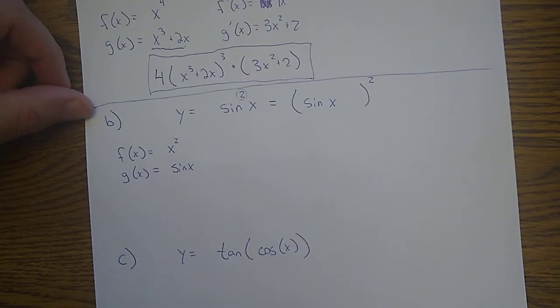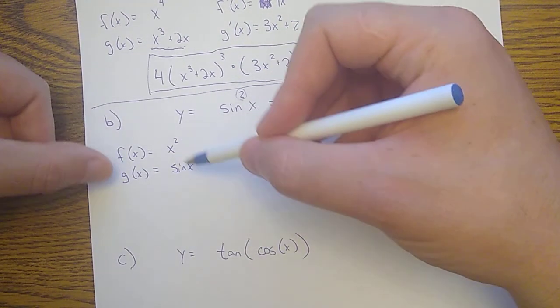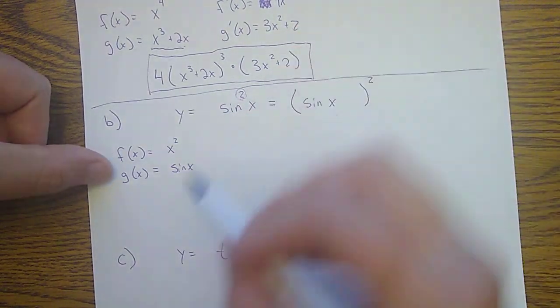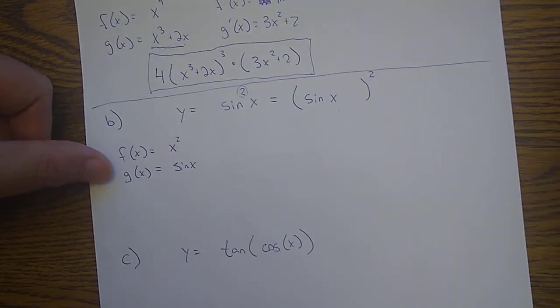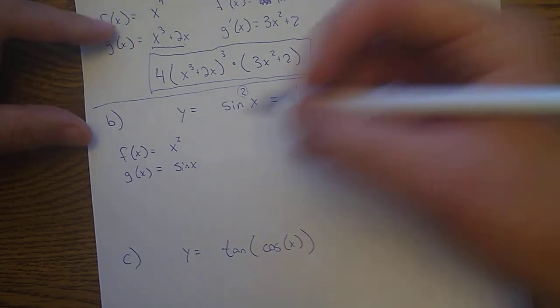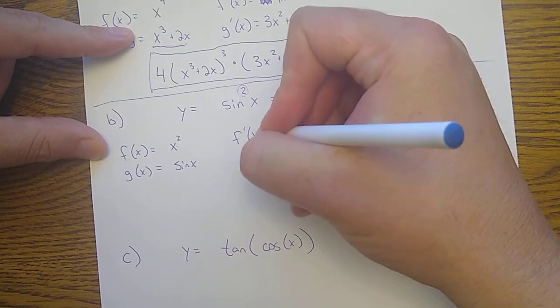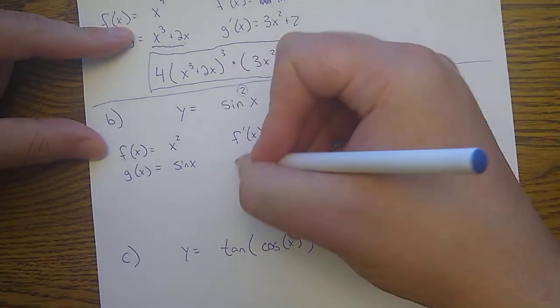So f of x is going to be x squared. And once again, if you don't believe me, just imagine doing f of g of x. That would mean I plug this function in for x, and I would get this. And then I do the derivatives. F prime of x is 2x.